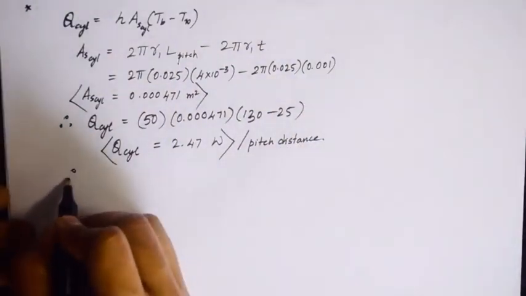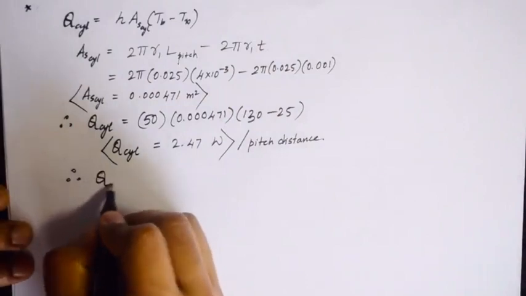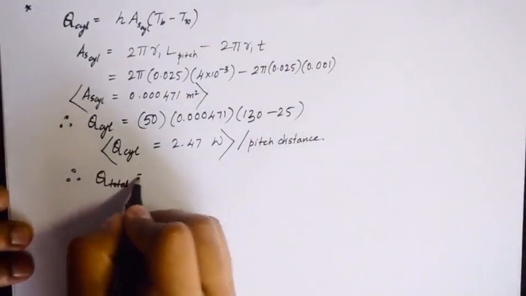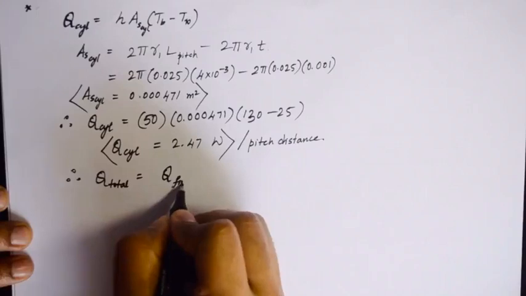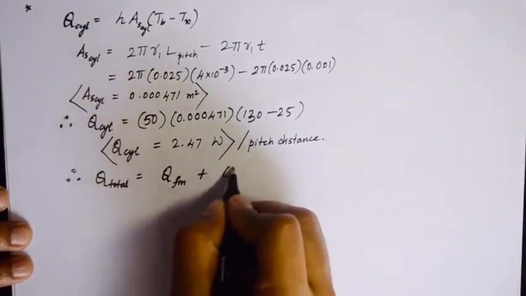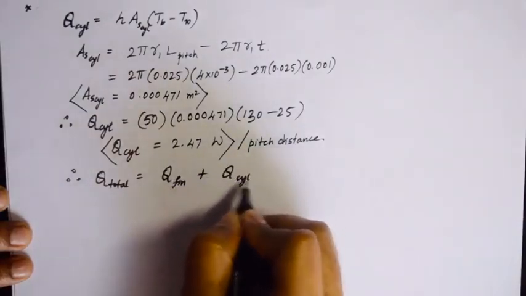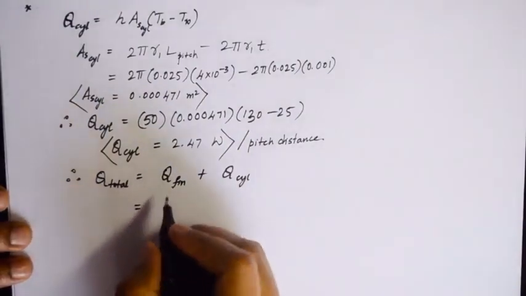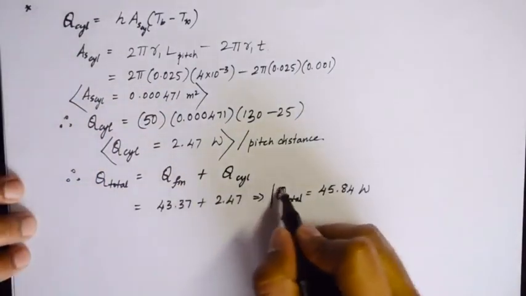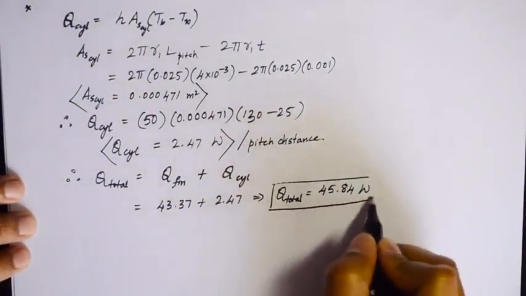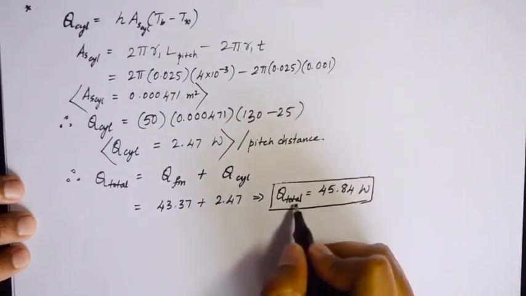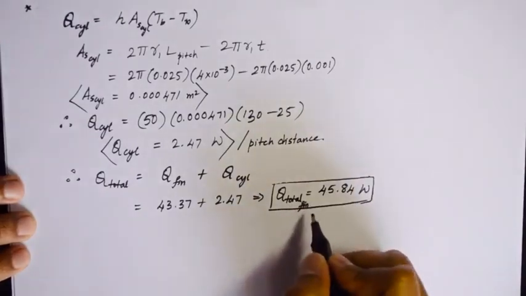Therefore, the total heat transferred because of the presence of fin is simply the sum of the heat transferred by one fin plus the heat transferred by the cylinder, which is exposed to the surroundings. So when you add it up, you are going to get the answer as 45.84 watts. This is the total heat transferred because of the presence of fin.